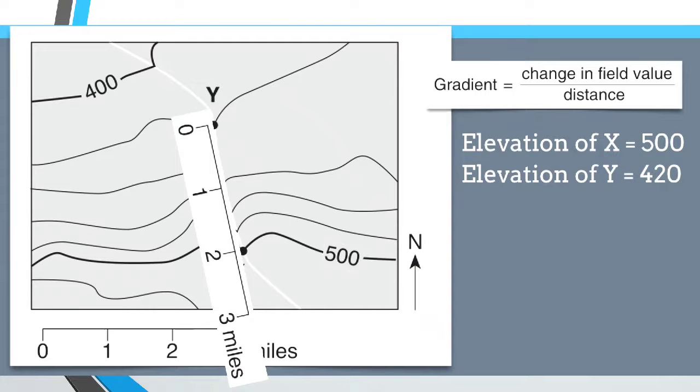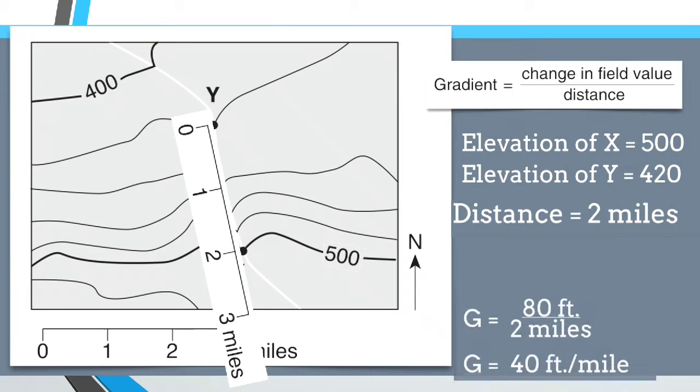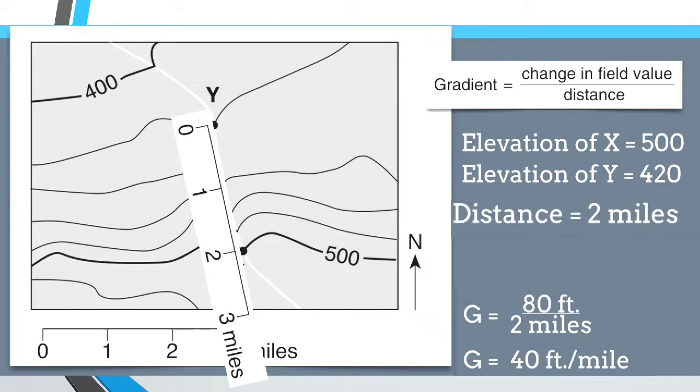So let's proceed to the formula. The gradient is equal to the change in elevation, which is 500 feet minus 420 feet, divided by the distance of 2 miles.